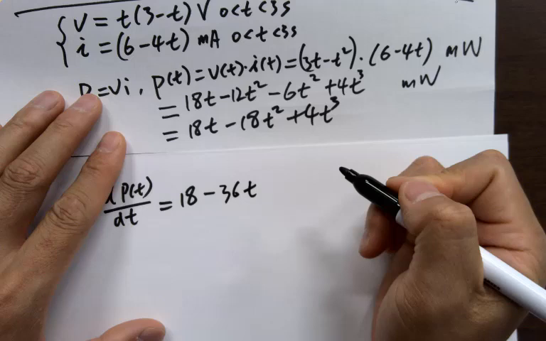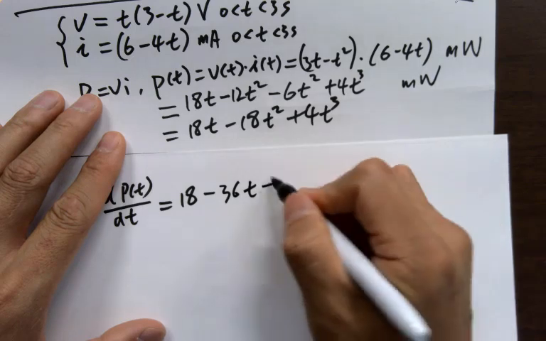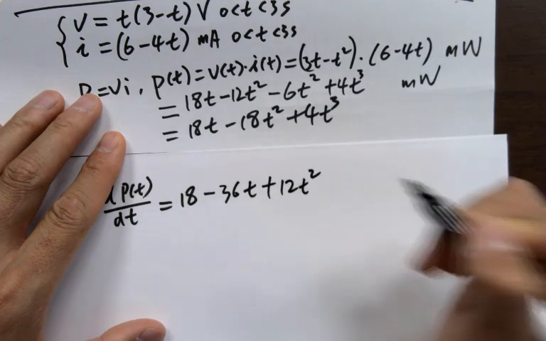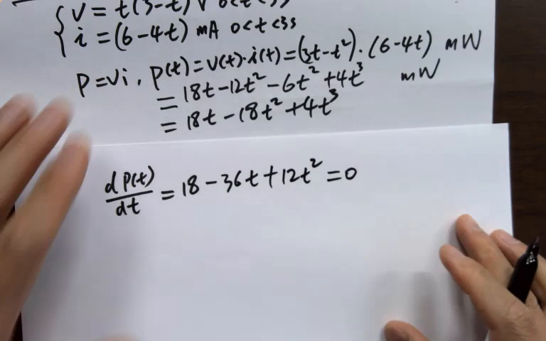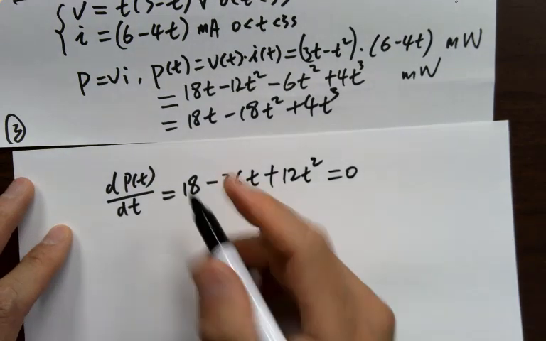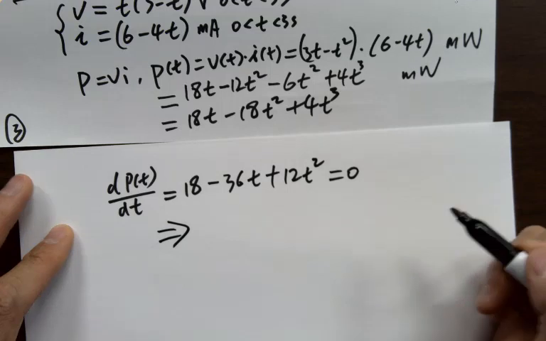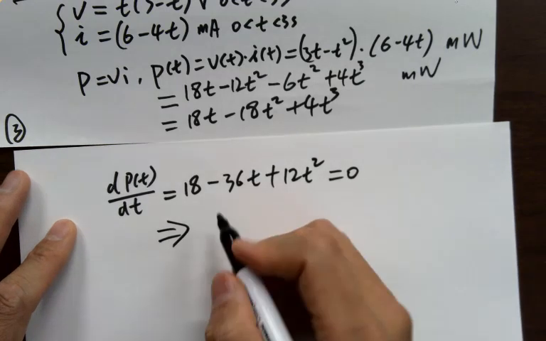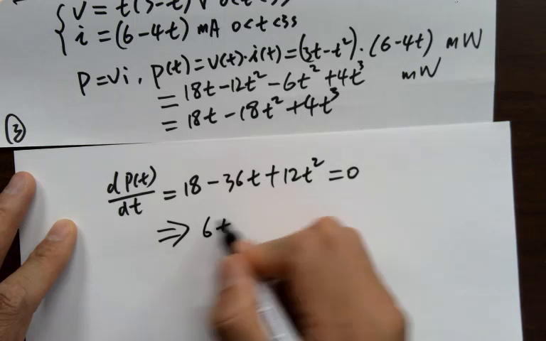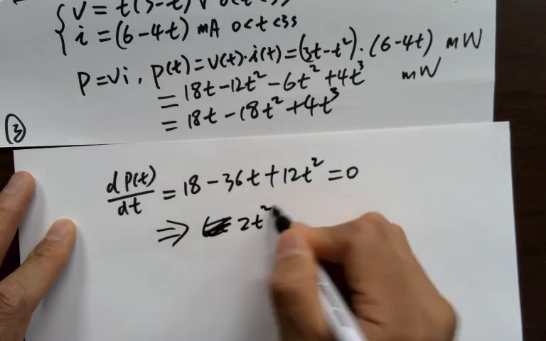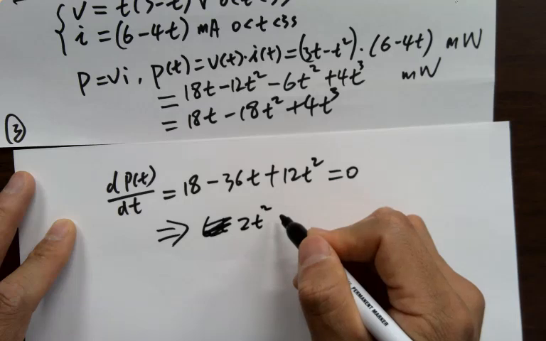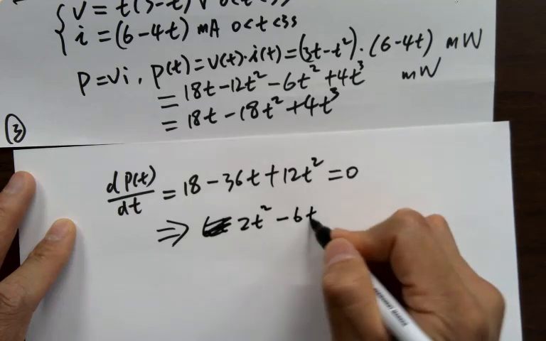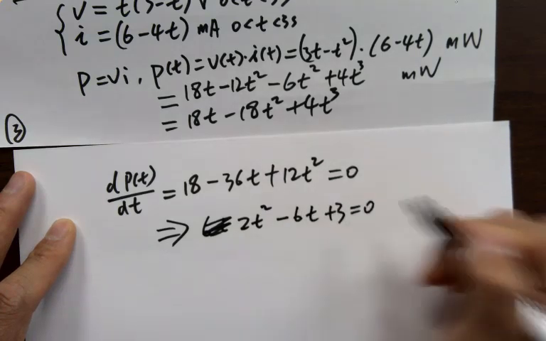You can simplify this by dividing by 6, so it becomes 2t squared minus 6t plus 3 equals 0.